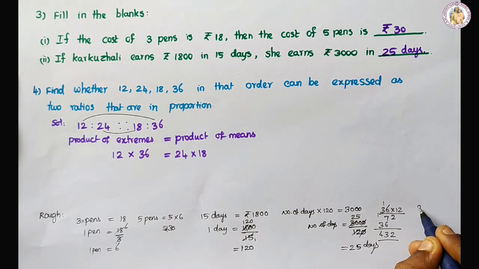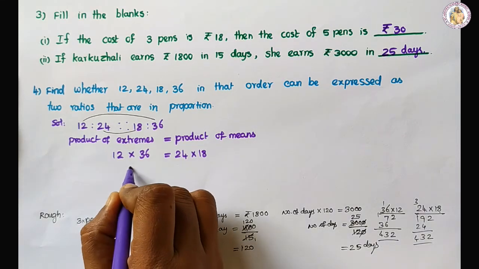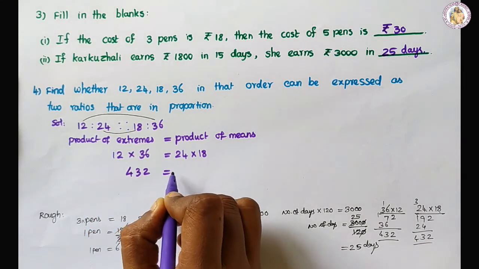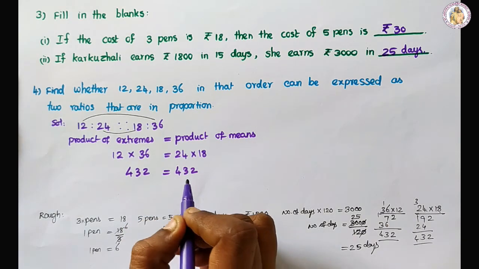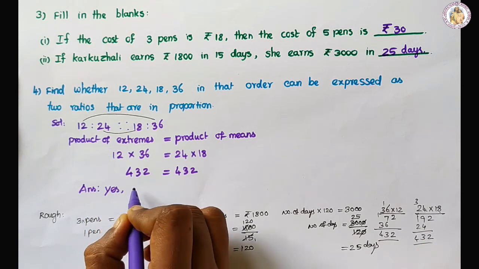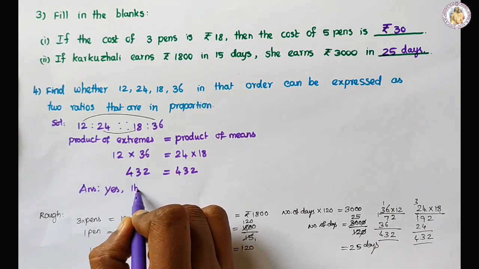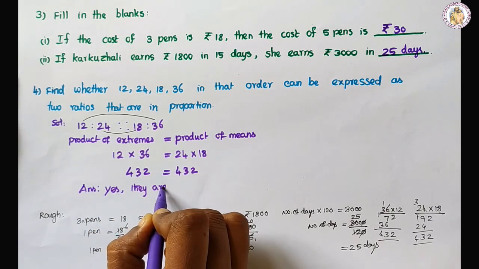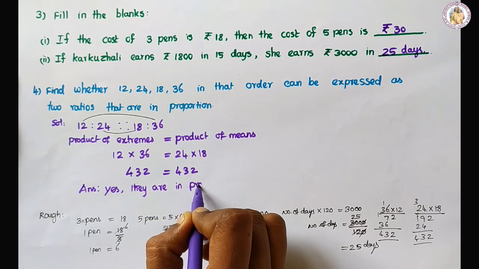And here 24 into 18. 4 8s are 32. 2 8s are 16 plus 3 19. 24 1s are 24. So 2 3 4. So 432 equal to 432. Answer yes. They are in proportion.